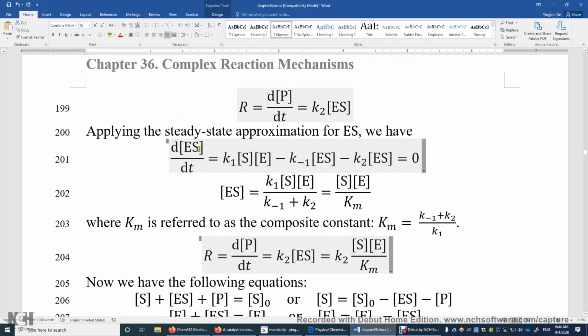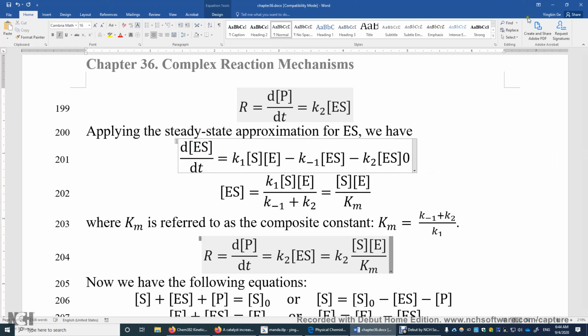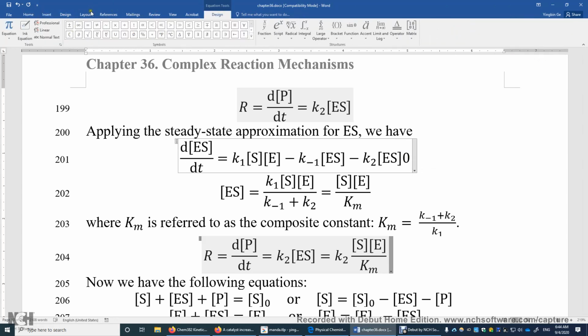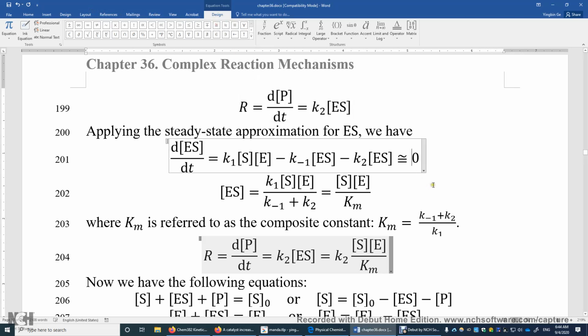We're going to assume the concentration of ES never changes throughout the reaction. Therefore, we have dES over dt is equal to 0. Well, this is actually an approximation. So I should change the equal sign to an approximately equal sign.